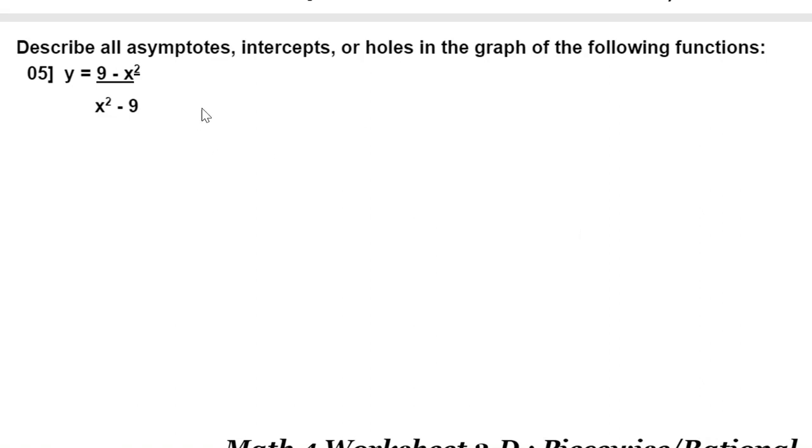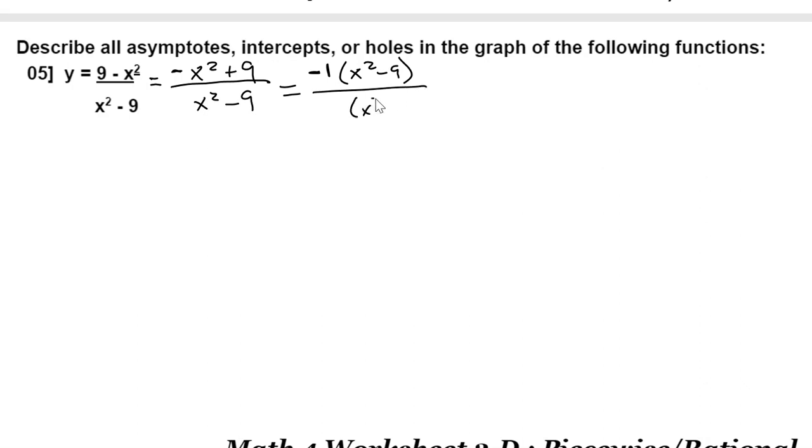But technically what's going on here is that we can rewrite it this way, like that. And if we really prefer not to have a negative in front of it, let's factor it out. -1 x squared minus 9. Now that begins to look a little more doable.